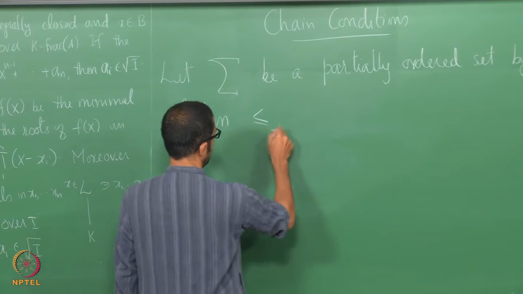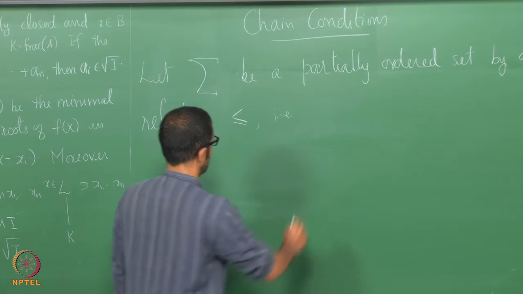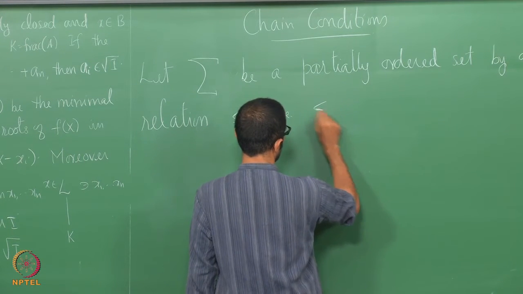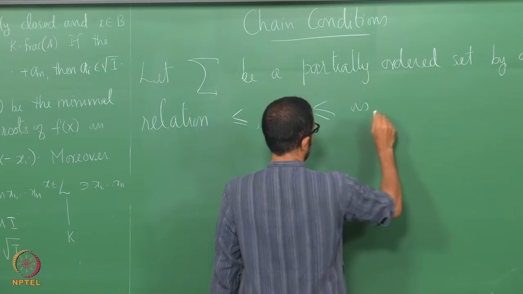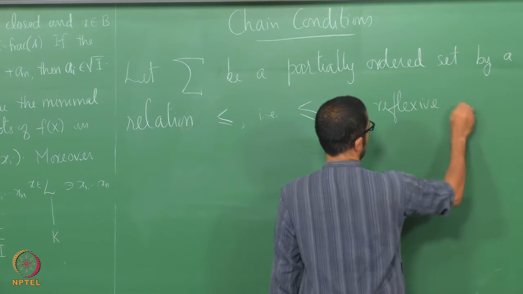What is a partially ordered set? I have a relation that is reflexive and transitive.